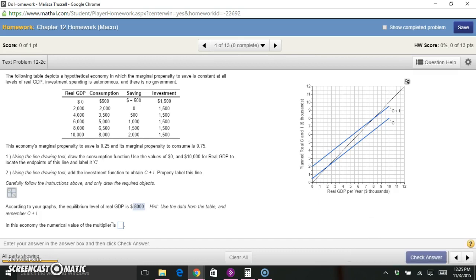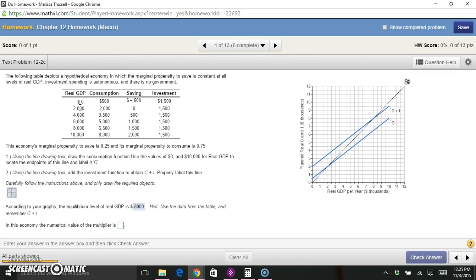Whenever consumption and investment change in the economy, the GDP also changes, and the question is by how much. This multiplier will tell us that. We can look at the change in C plus I and multiply it by the multiplier, and that will tell us how much the GDP has changed.